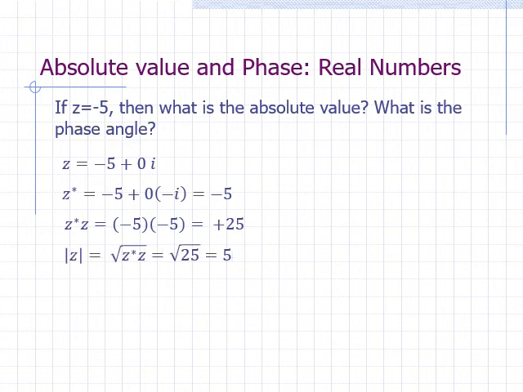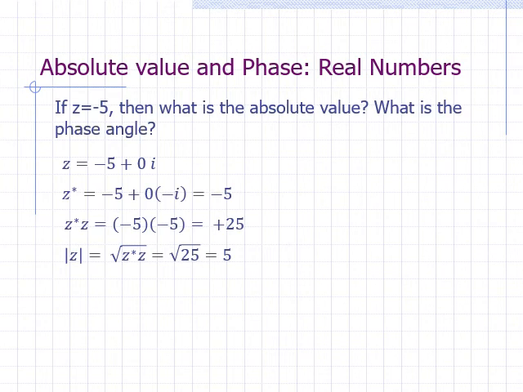And the absolute value is the positive square root of 25, which is positive 5. The absolute value of negative 5 is positive 5. Of course, you didn't have to learn about complex numbers to know this. The point here is to show that the definition of absolute value for complex numbers is consistent with the definition of absolute value for real numbers.